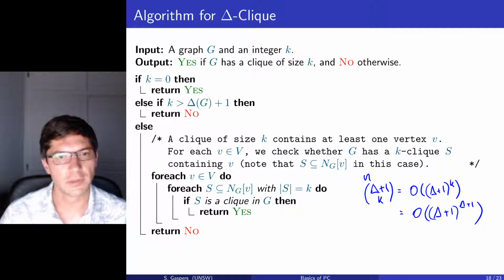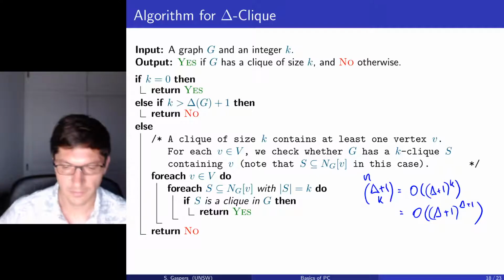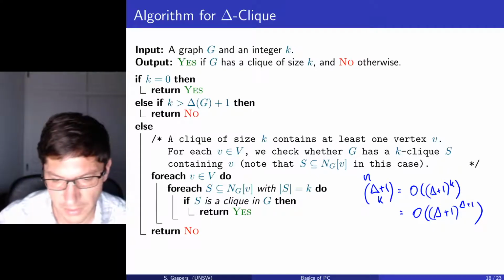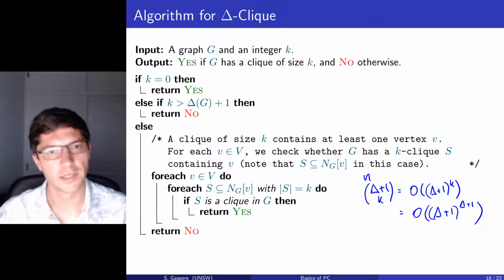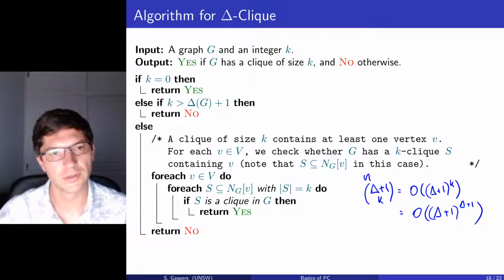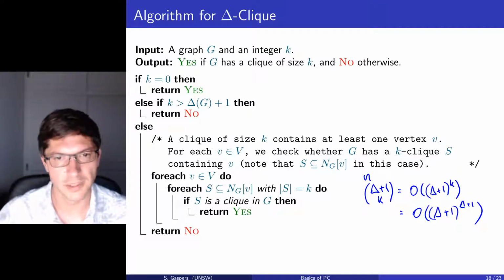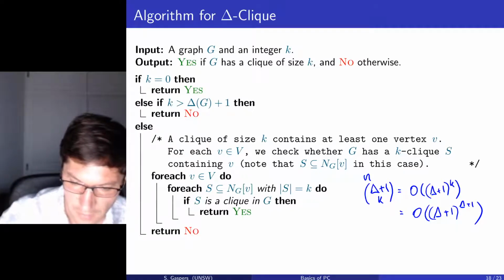Next, we just check whether S is a clique, and this can be done quickly, so that's clearly polynomial. So the running time will be maybe k squared. We check for every pair of vertices whether there's such an edge in G. So this is order k squared.